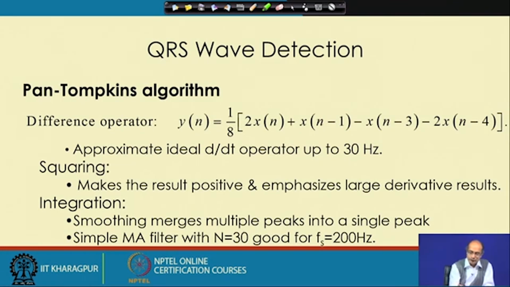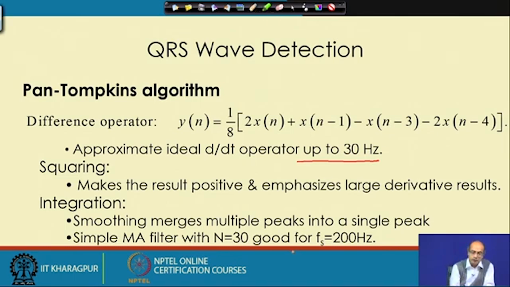Now, in this case, the way this difference operator is chosen, it acts as an ideal derivative filter up to 30 hertz. That means within the band, 5 hertz to 11 hertz, where the signal is present or preserved, it has a linear operation. Okay.